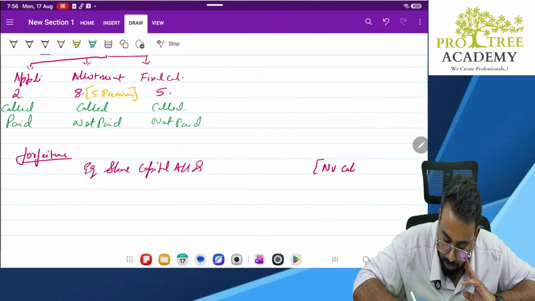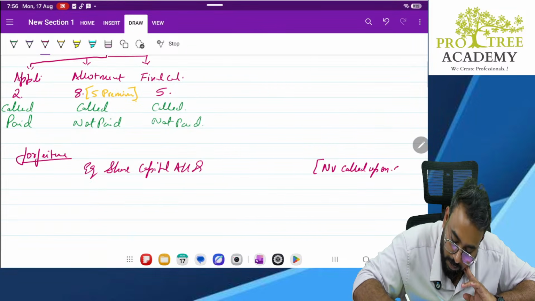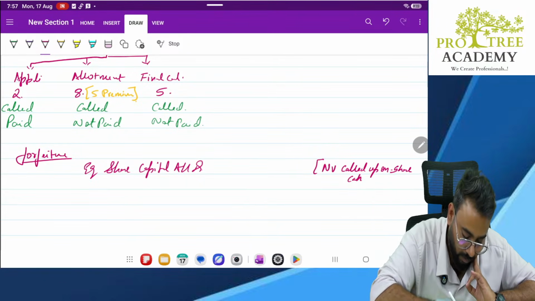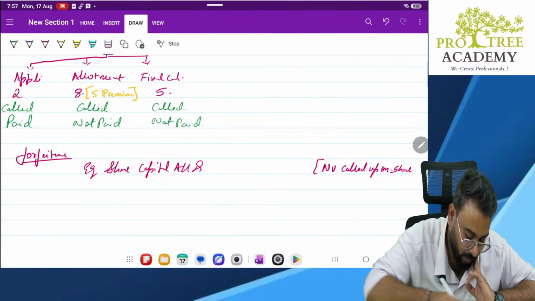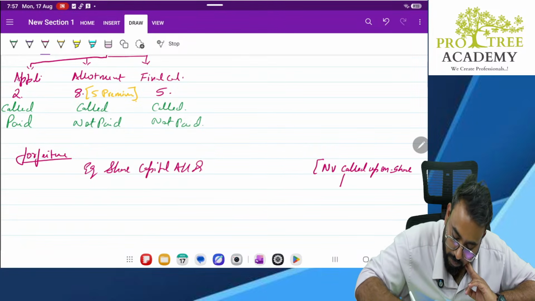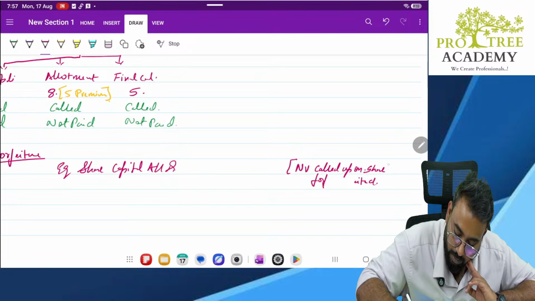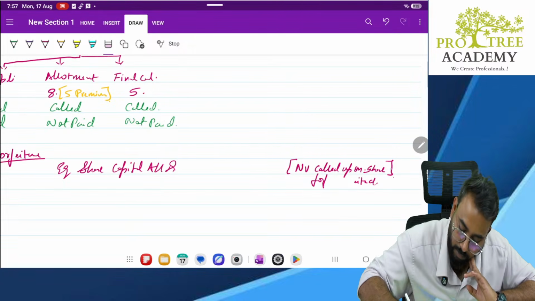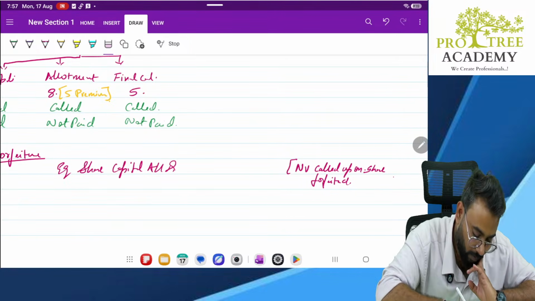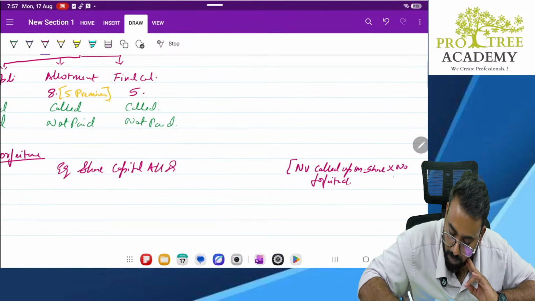Nominal value called up on shares cancelled, share forfeited, into number of shares. Correct?